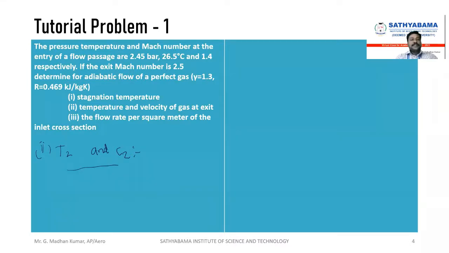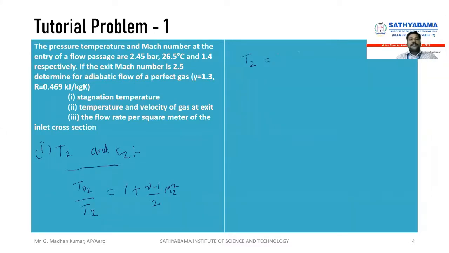So in this, what we are going to do is, we have T02 by T2, right? So what is that formula? 1 plus gamma minus 1 divided by 2 times M2 squared. You know the value of everything except T2, so you can rearrange this formula like this.